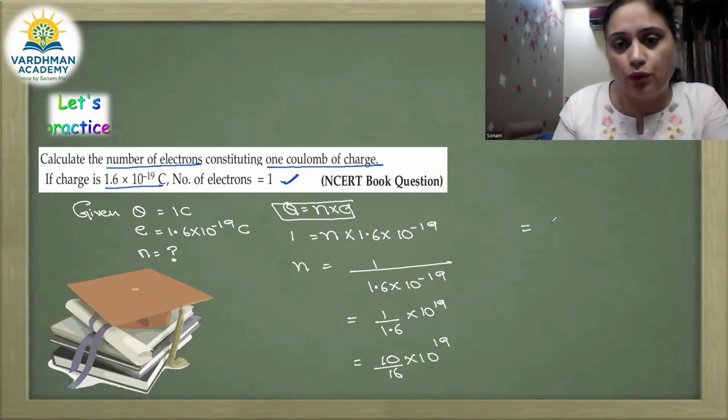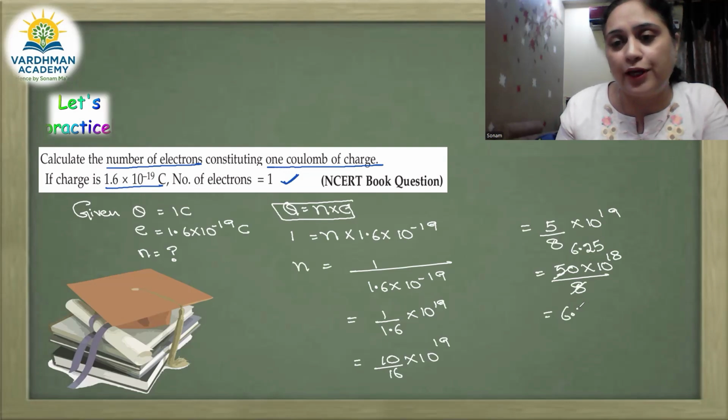Right, children? Which is equal to 5 upon 8 into 10 raised to the power 19. So you can also make it 50, and here you can write 10 raised to the power 18 upon 8. So that is equal to 6.25 into 10 raised to the power 18 electrons.